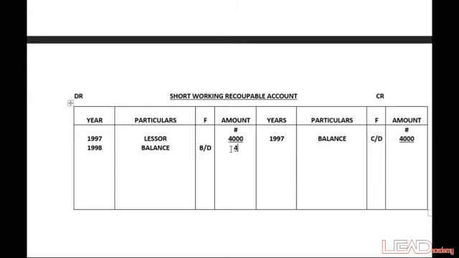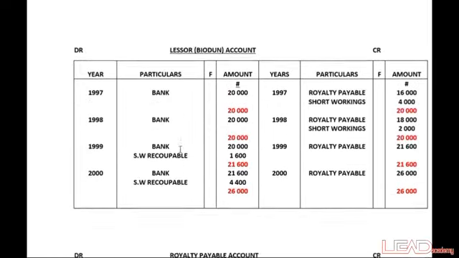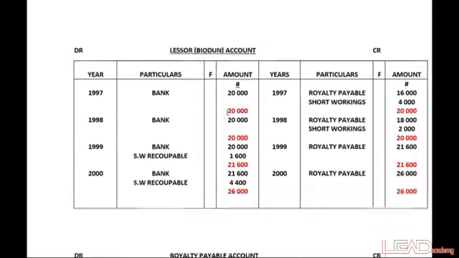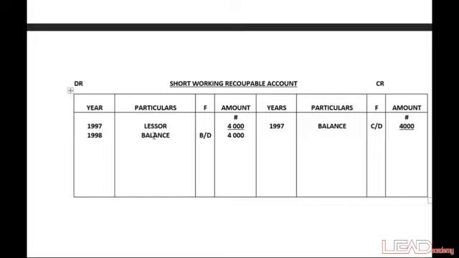4,000 naira. In 1998, did you have any short workings? Yes. Short workings of 2,000 naira. In 1998, in our schedule, we had a short workings of 2,000 naira. So which means that you gave the landlord 2,000 naira in order for you to meet up with the minimum rent. So the lessor, 2,000 naira.